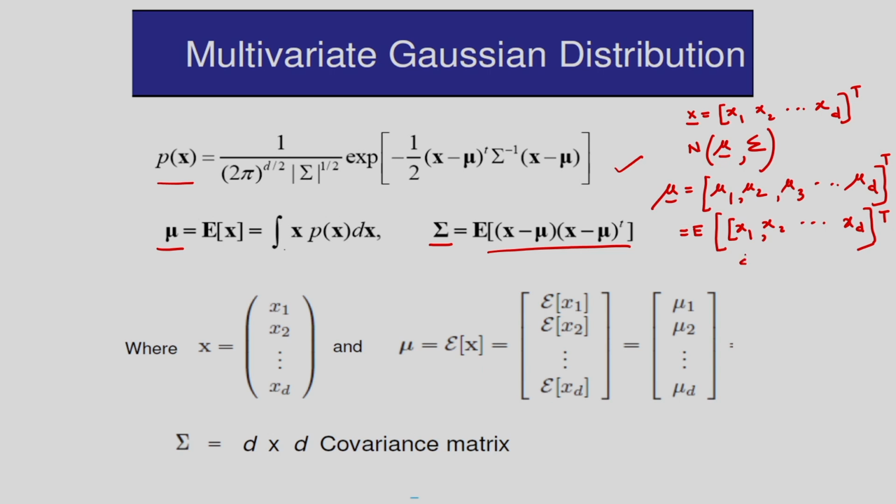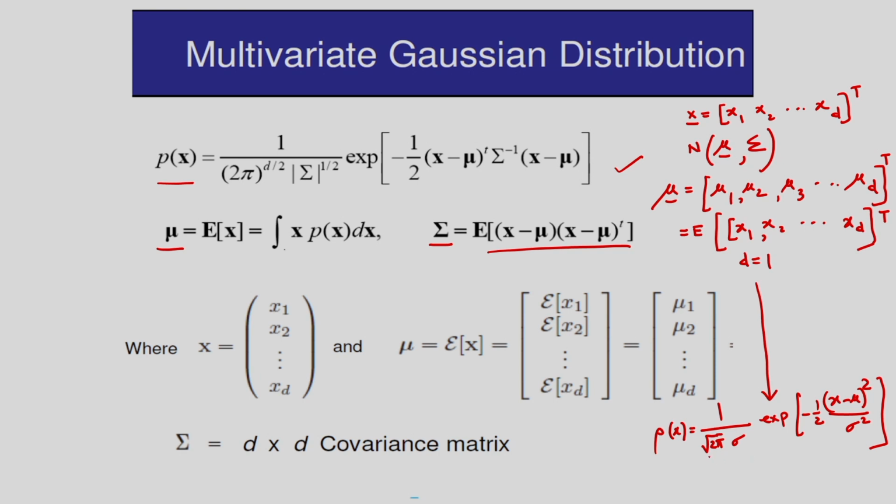And if the dimension is, suppose, 1, then in this case I will be getting the univariate density. What is the univariate density? That I have already defined. The univariate density is 1 over square root of 2 pi sigma, so I will get the univariate density corresponding to d equal to 1.